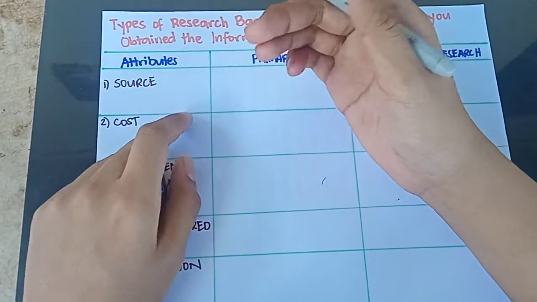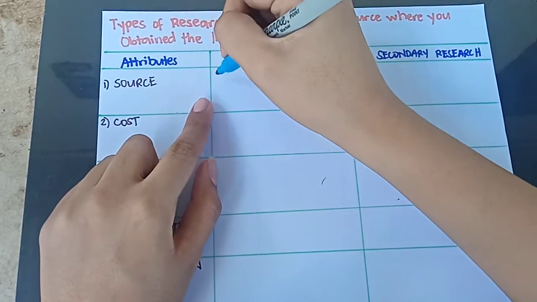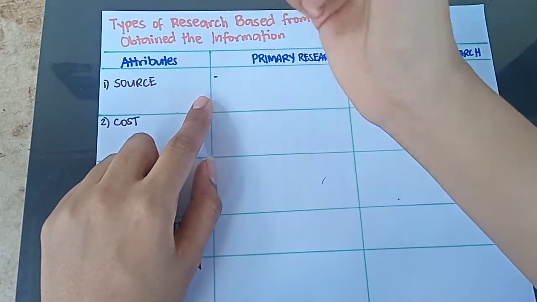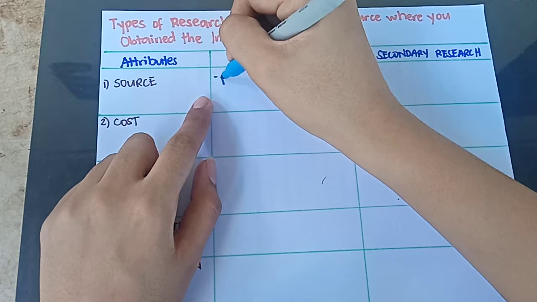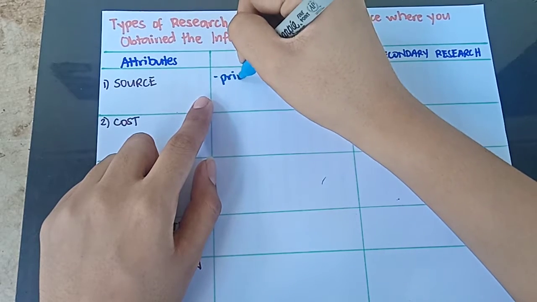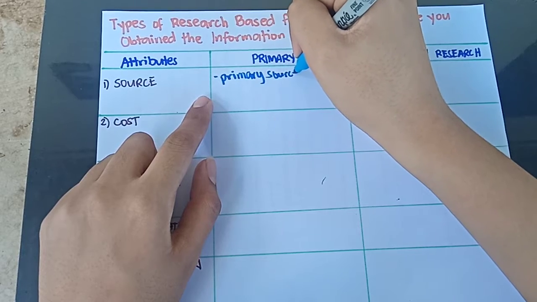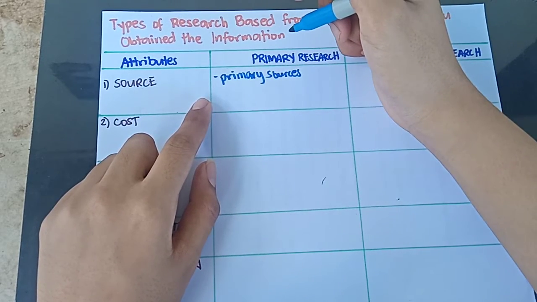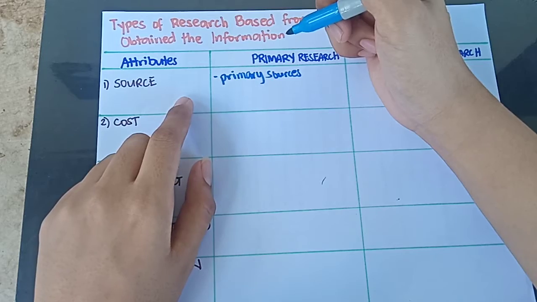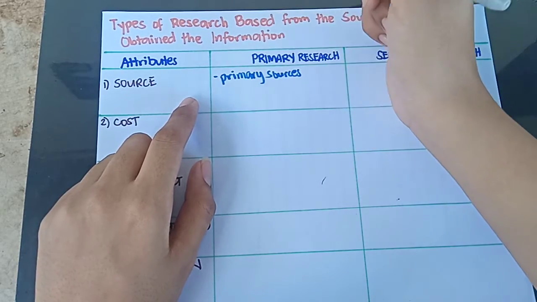In primary research, your sources come from the primary sources. Whenever we say primary sources, you conduct research from the source itself.